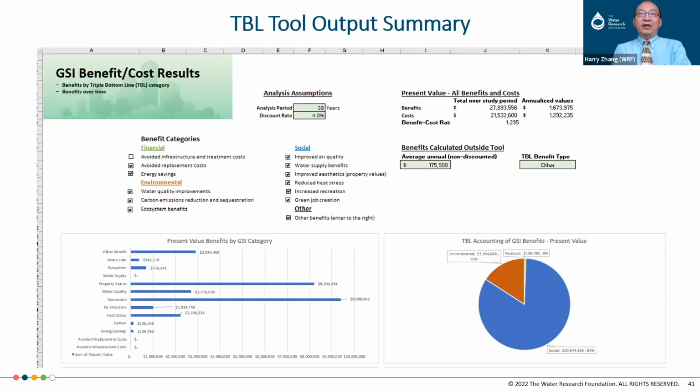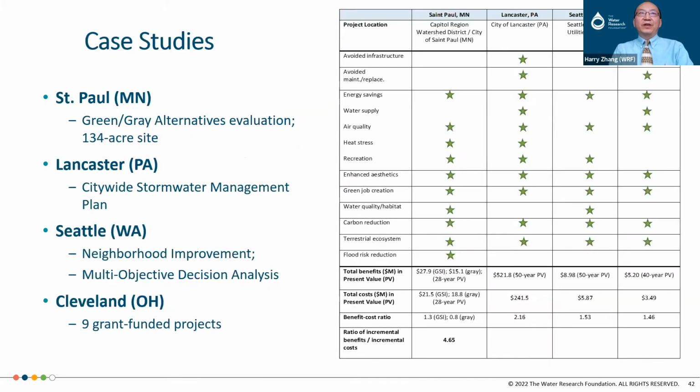We try to monetize those things scientifically or through a rigorous economic framework where we can. In some cases we may not be able to; you have to make a strong assumption and enter a value based on other ways. Anyway, it can give you this output by benefit category, so you can compare them.